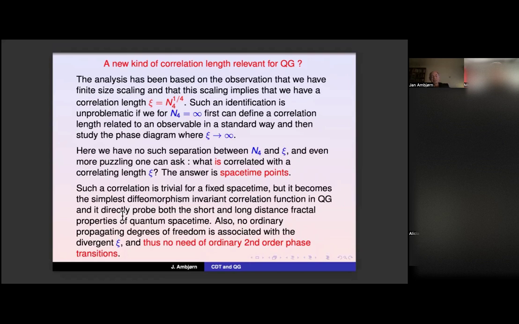But it becomes the simplest diffeomorphism invariant correlation function in quantum gravity, which directly probes both the short distance and long distance fractal structure of spacetime. And it is also not really related to the propagation of ordinary degrees of freedom, like spin 2 particles or something like that. So there's no need for an ordinary second order phase transition in order to study this.